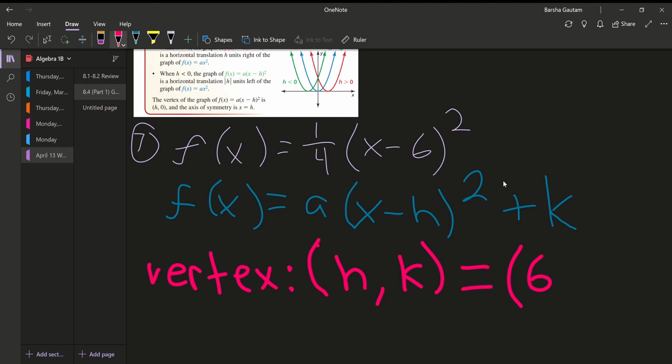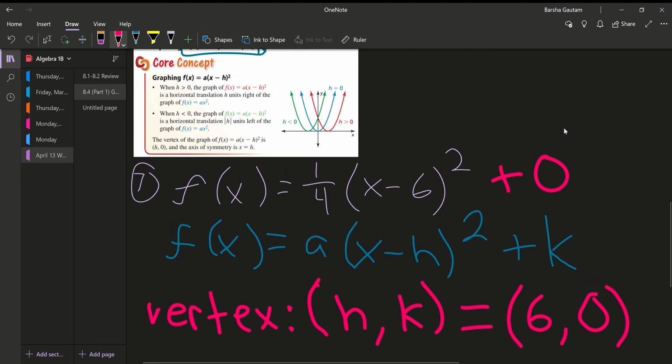And we do not have a k here, so we're going to assume it's plus 0. That doesn't change anything, so our k is just 0. So our vertex is (6, 0), right? The 6 and the 0. If there's nothing written, you assume that it's 0, because adding 0 to something doesn't change it.